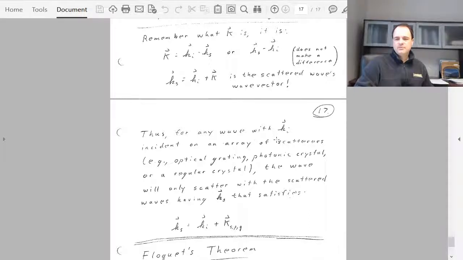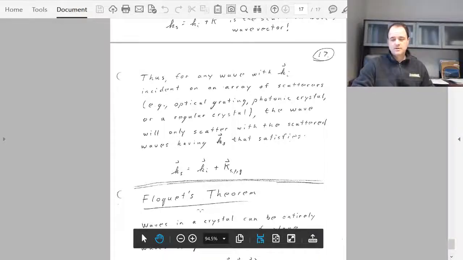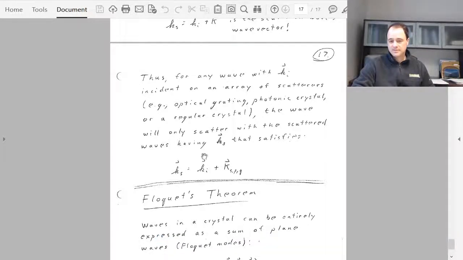All right, so we're going to repeat that here below just to reinforce it. Thus, for any wave with K sub I incident on an array of scatterers, and that could be a number of different things, the wave will only scatter with the scattered waves having K sub s that satisfies this result. So any waves that would have Ks being different than this will not exist in a crystal.